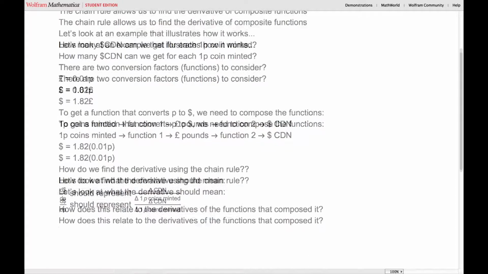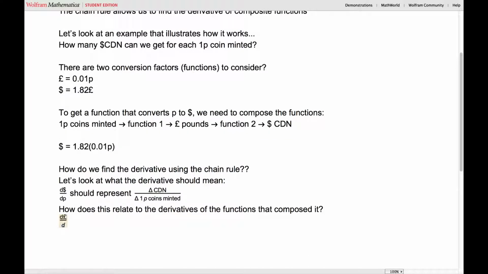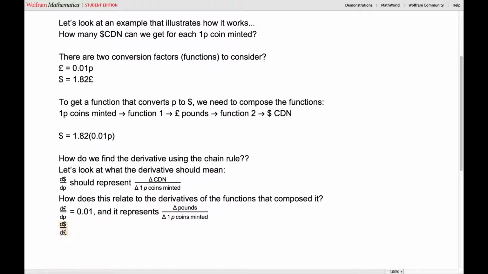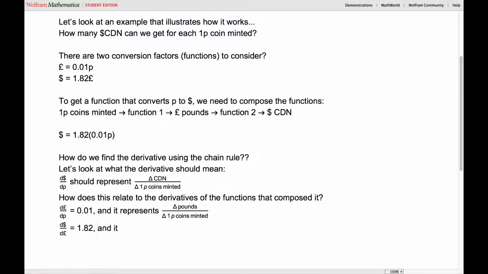Let's look at the first function in there, the inside function. d pounds over dp is 0.01, and it represents the change in amount of pounds over the change in 1p coins that you mint. And the outside function, the derivative of that, d dollars over d pounds, is 1.82, and it represents the change in Canadian dollars over the change in pounds.